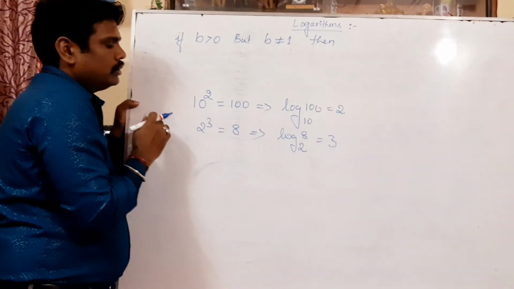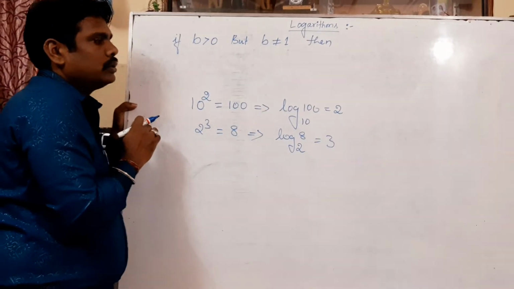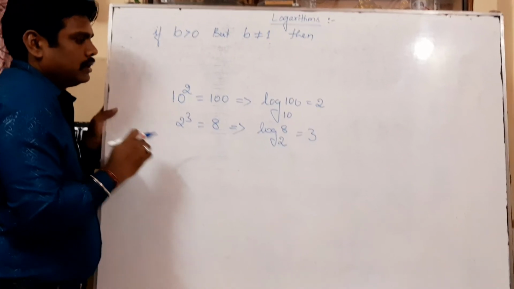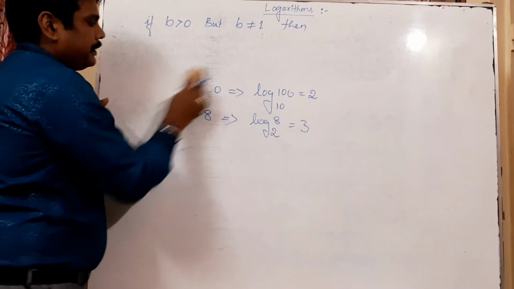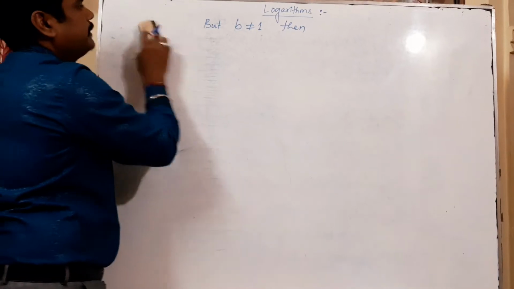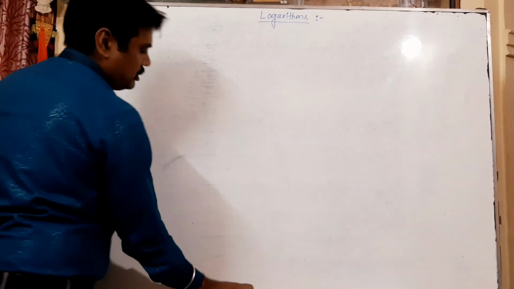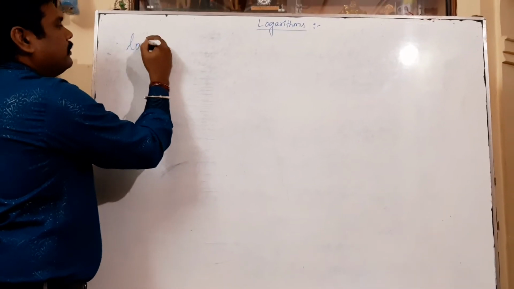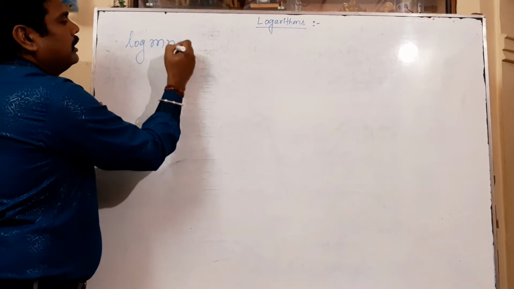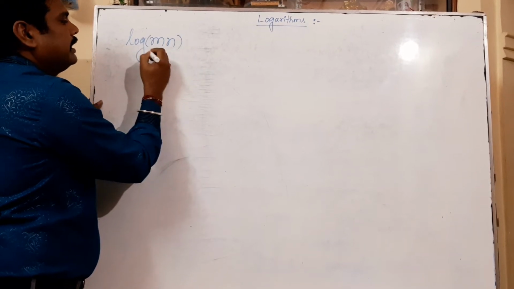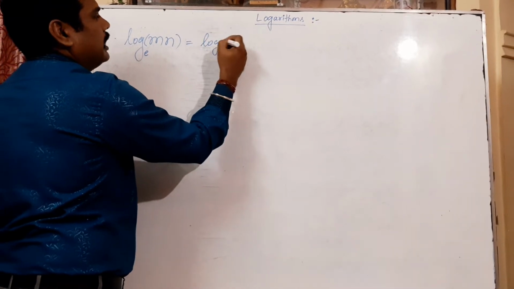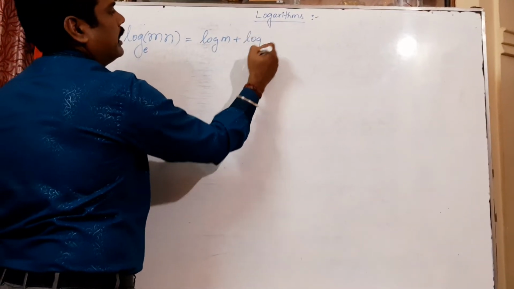This logarithm helps to simplify multiplication and division. For that purpose, we are going to use three basic rules related to logarithms. The first rule is log of m into n to the base e is equal to log m plus log n.